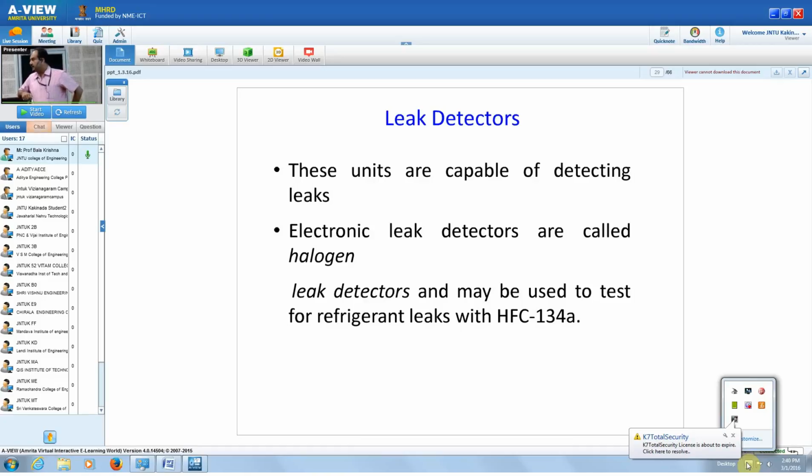This is the name of the refrigerant. Generally, we use it for domestic purposes. The refrigerant 134a is a mixing of two refrigerants. It is called an azeotrope. Maybe you have studied refrigeration. Azeotropes are combinations of primary refrigerants and secondary refrigerants. So 134a is a blend of two. That's why it is a halofluorocarbon. Next one.